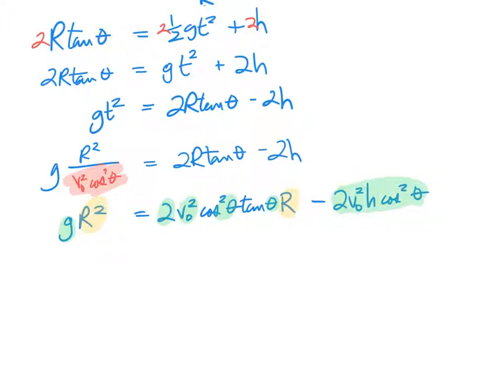Basically, you have a bunch of constants times something that can change based on some constant initial speed that you give. So this is a quadratic equation.